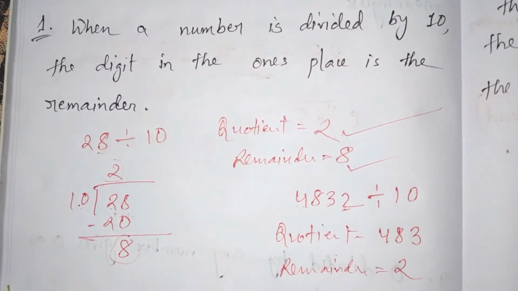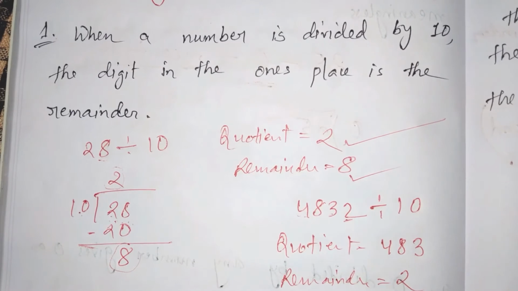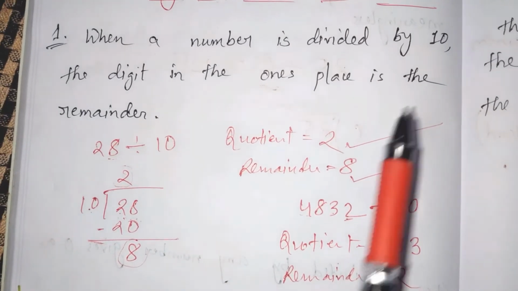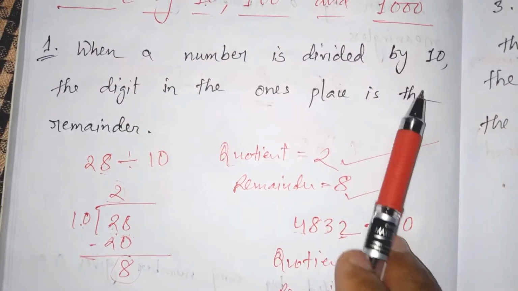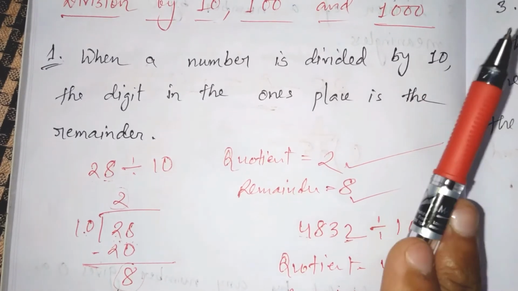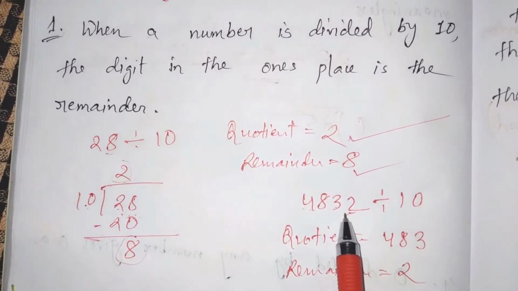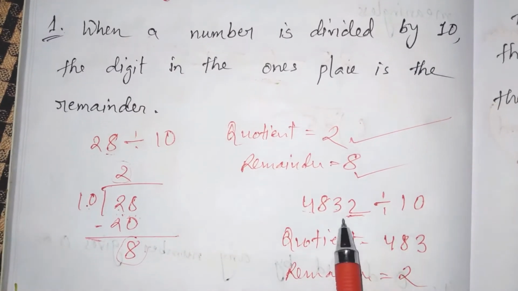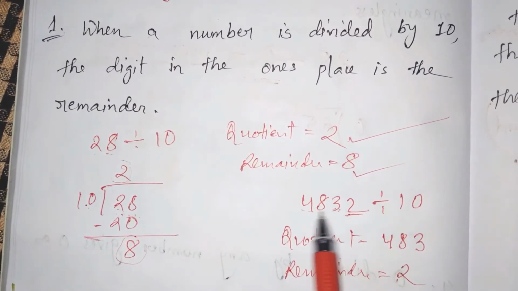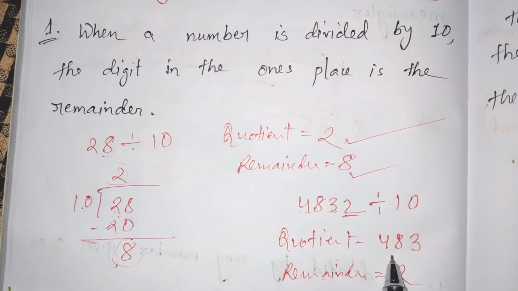So this is the rule. Whenever you divide any number by 10, the ones place number will be the remainder and the rest of the number will be the quotient. I hope you have understood.